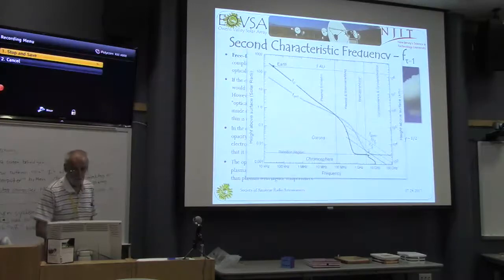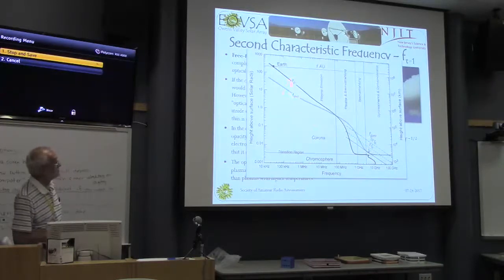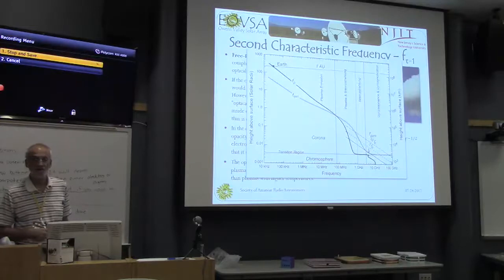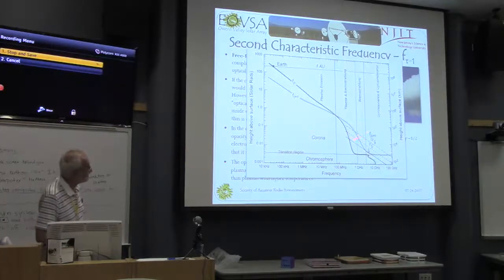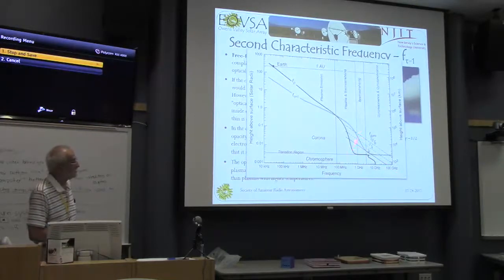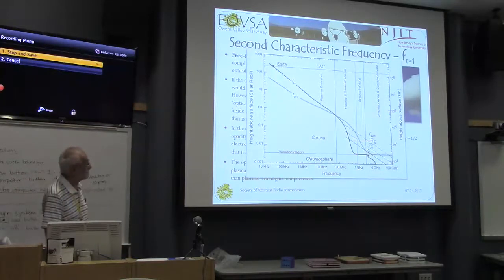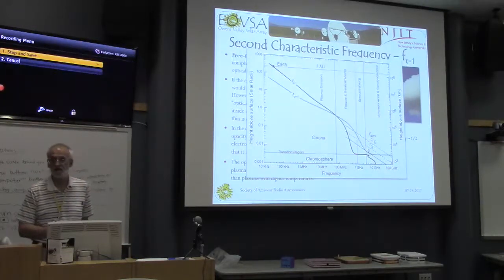Okay, so that line is this gray line. You'll see that in places it's above the plasma frequency line, and in other places it's below. So what's the interpretation of that? Basically here, emission would be allowed according to the plasma frequency line, but it's below the optically thick surface. So it can't get out because the corona is optically thick there.